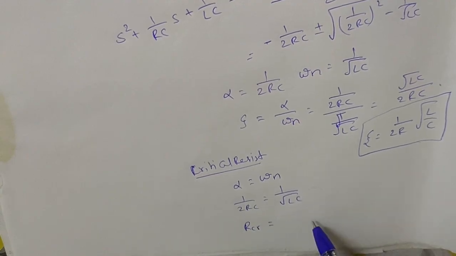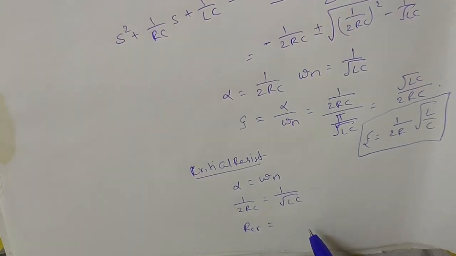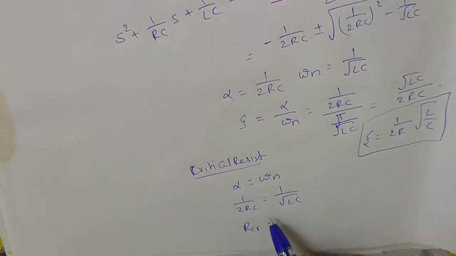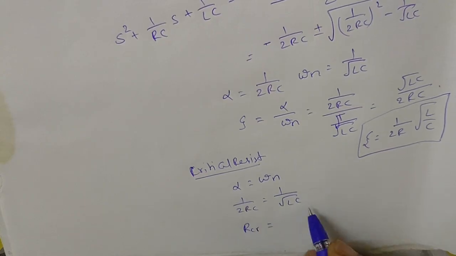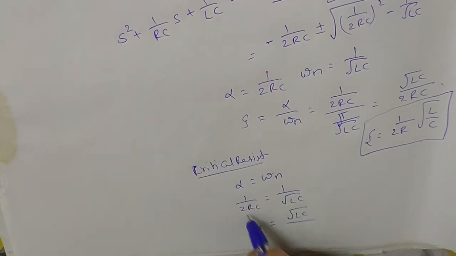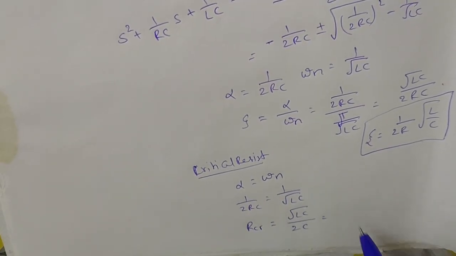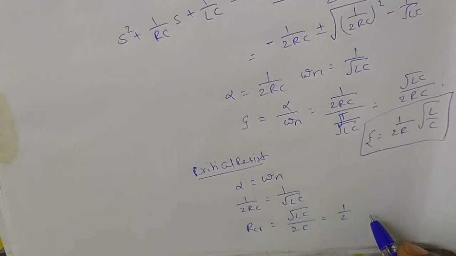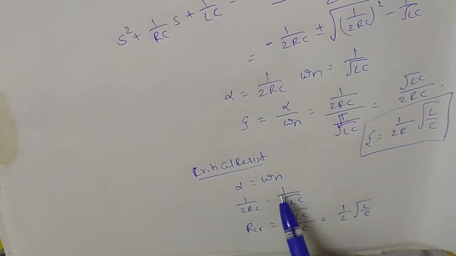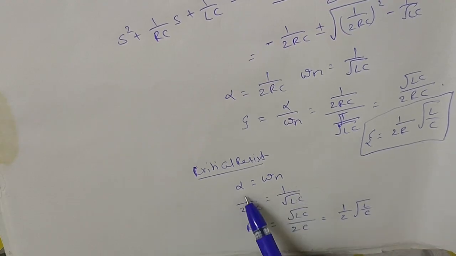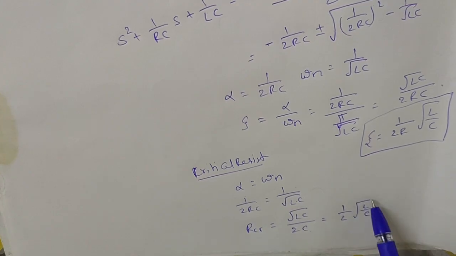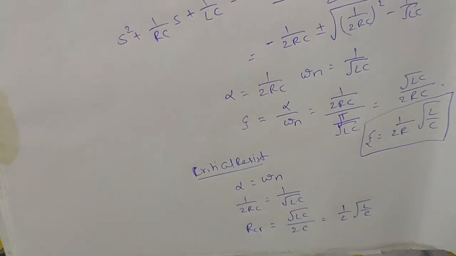The R critical value we can write as root LC by 2C, then 1 by 2 root LC. We know here this R is moved to this side, this goes on the top, so 2C stays as it is. This is the R critical value.